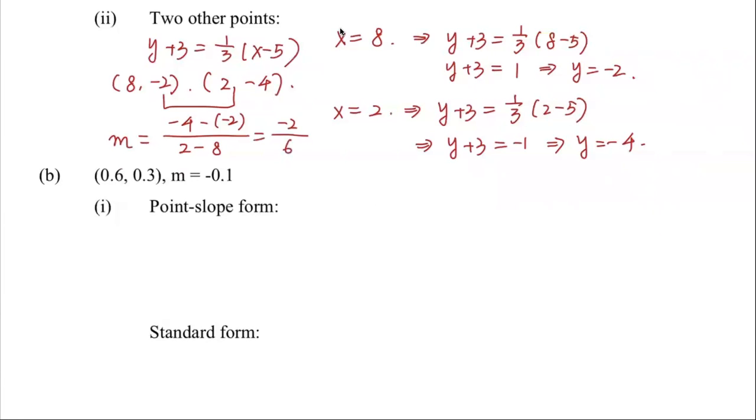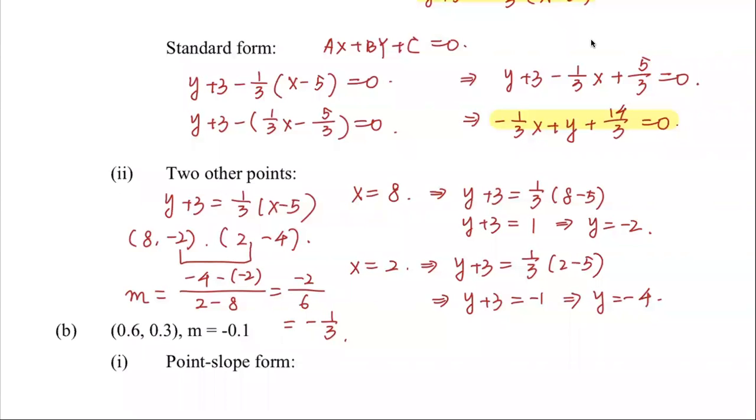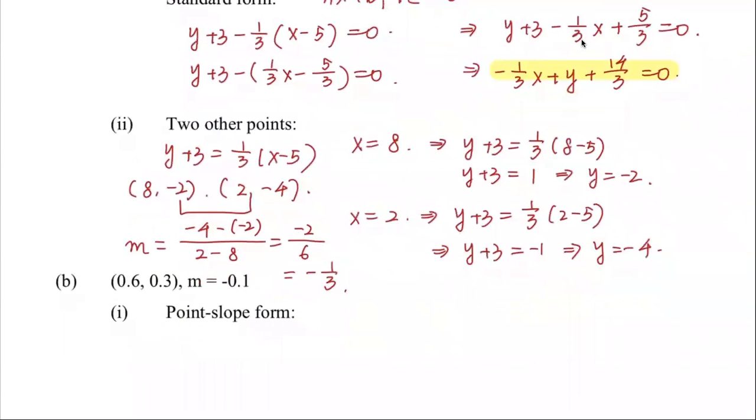So the slope is equal to positive 1 over 3.